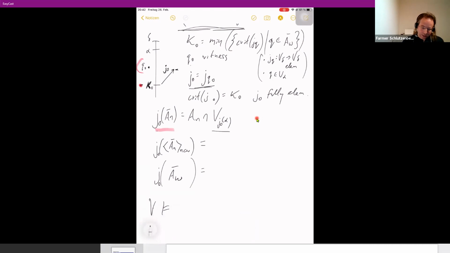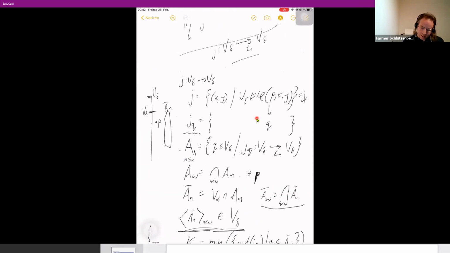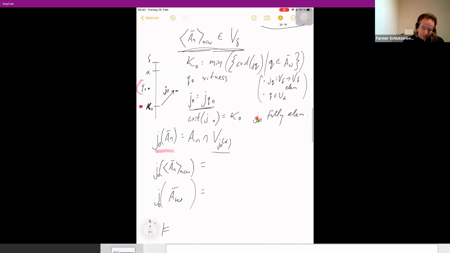This A_n is just the set of parameters such that the resulting J_Q is sigma_n elementary. So it's outright definable without parameters, this A_n. So when I apply a fully elementary map to it, it just gets preserved. So J_0 of A bar n is just its intersection with this rank segment.